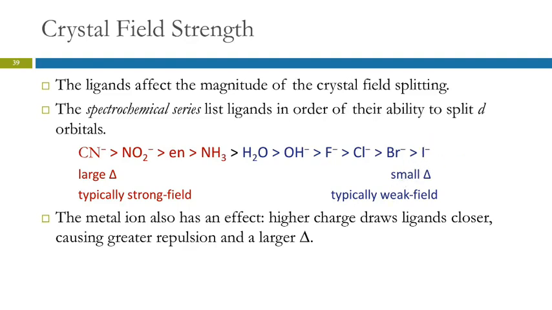So if you have iodide as your ligands, typically you're going to have a weak crystal field, and up here it's going to be strong field. The metal ion also has an effect. The higher the charge, the closer the ligands get pulled in, and then you get more repulsion, so a larger crystal field splitting.